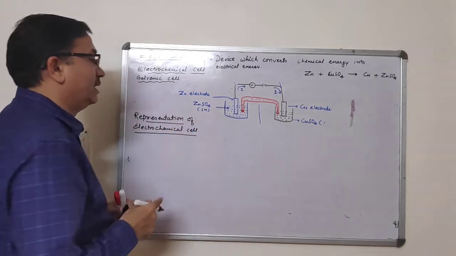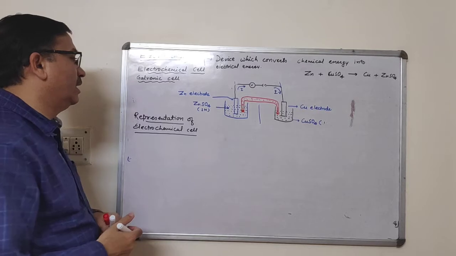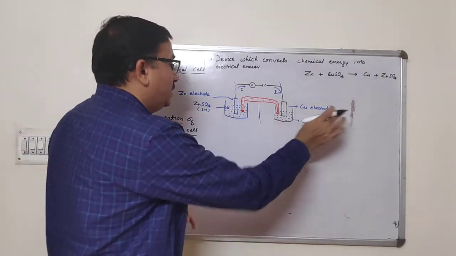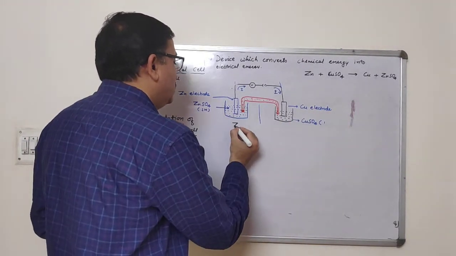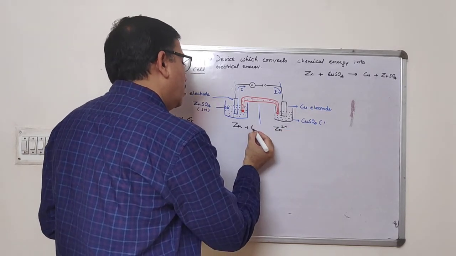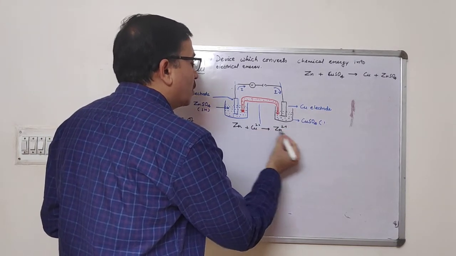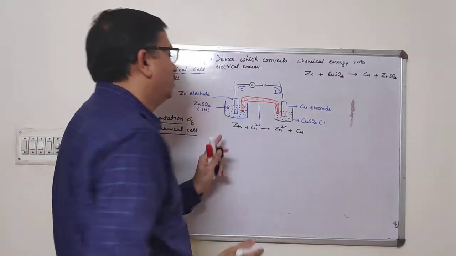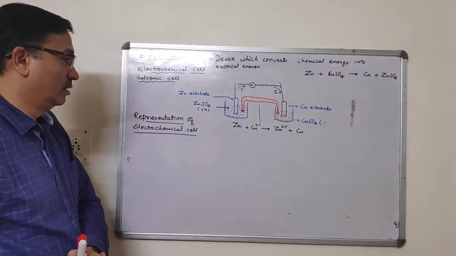See how to represent an electrochemical cell in one line. In this cell, what happened? Zinc converts into Zn2+ and copper 2+ is converted to copper. This is the overall cell reaction.